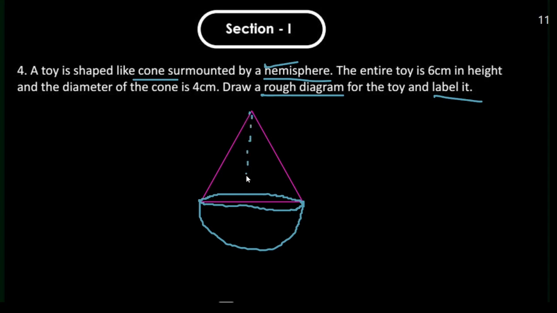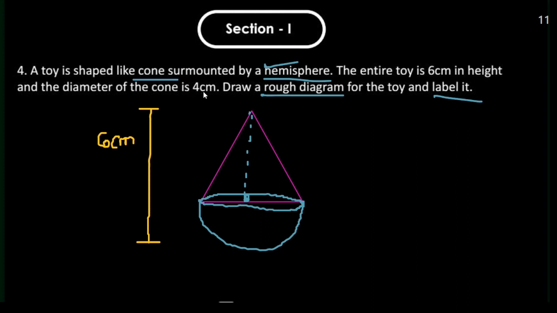First, this is the height, fine? Now, what are the terms he has given? The entire toy is 6 centimeters, right? So from here to here, it is 6 centimeters, fine? And what is he saying again?